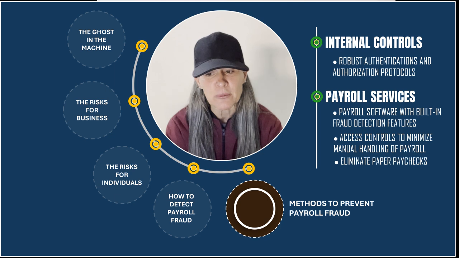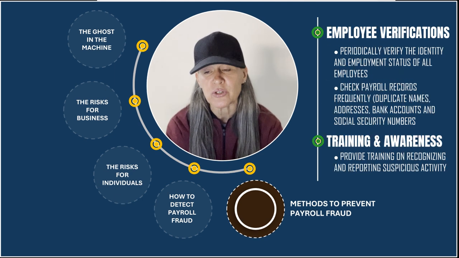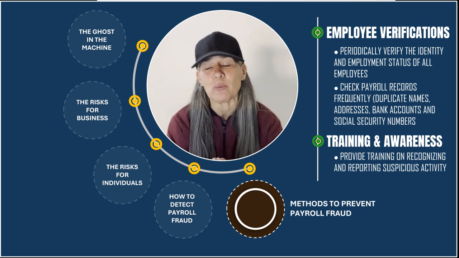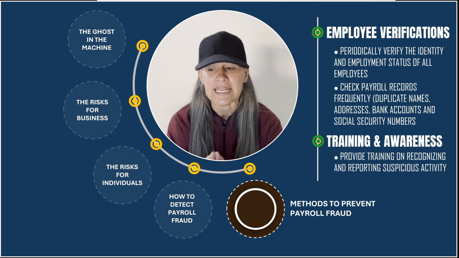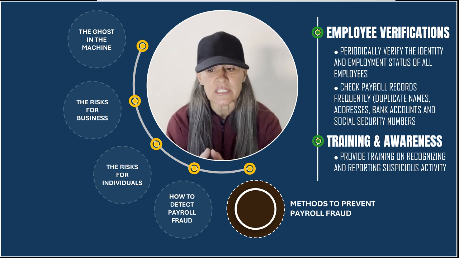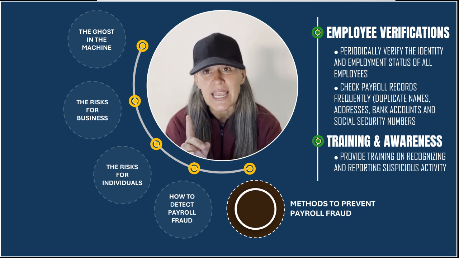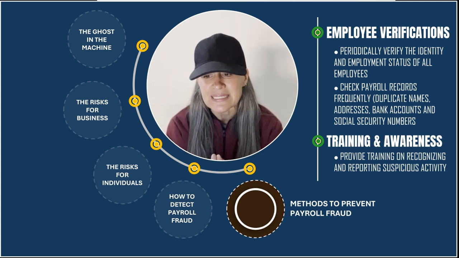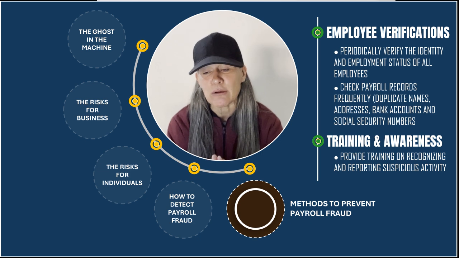Eliminate paper paychecks and use direct deposits. Through regular employee verification, periodically verify the identity and employment status of all employees, especially those receiving direct deposit payments. Check payroll records frequently. Look for duplicate names, addresses, bank accounts, and social security numbers.